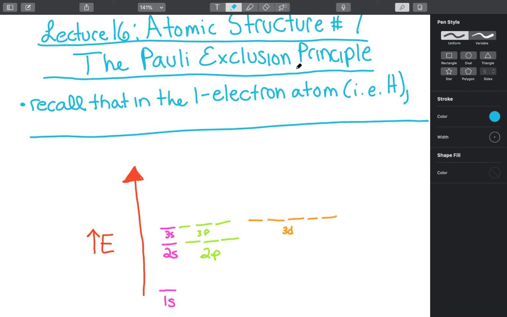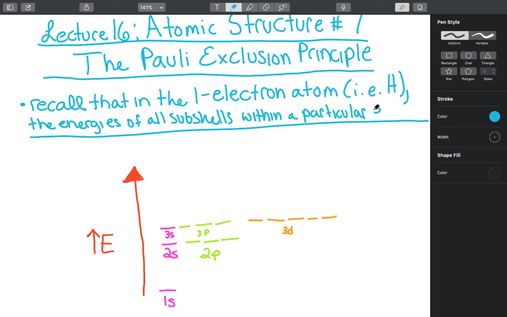So in one of our last videos, we talked a lot about the one-electron atom. And recall that in the one-electron atom, the energies of all subshells within a particular electron shell are all equal.